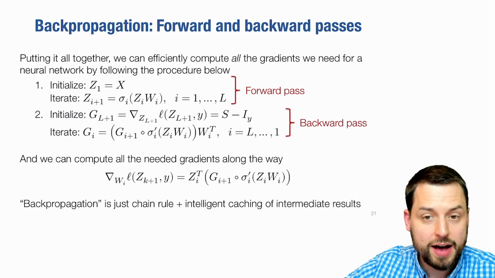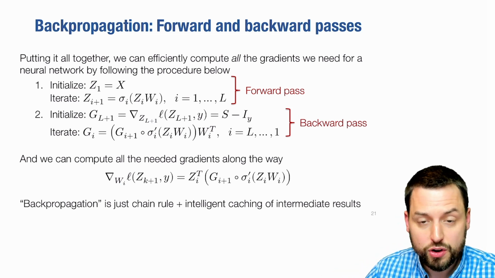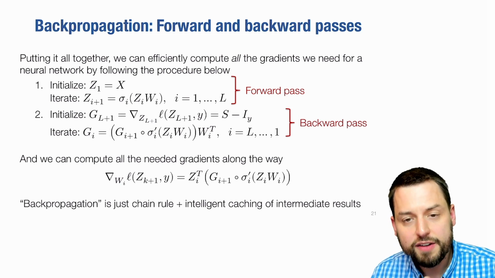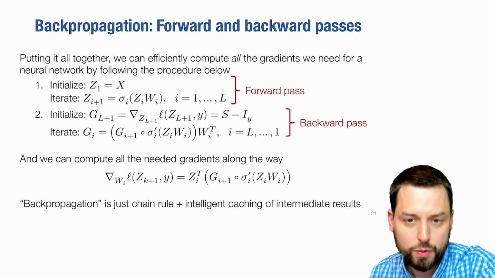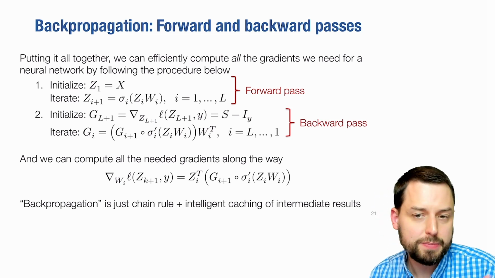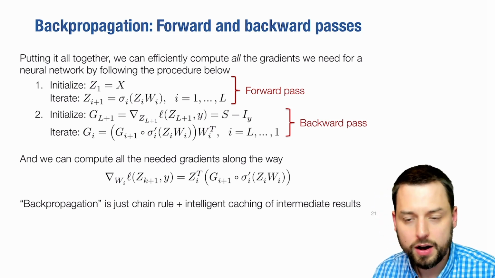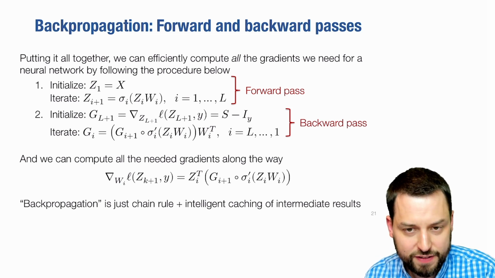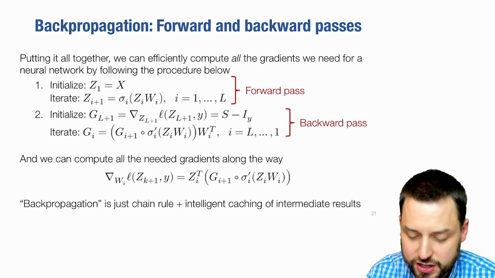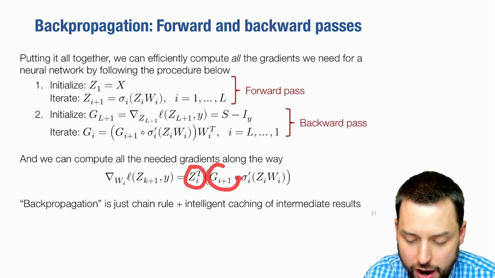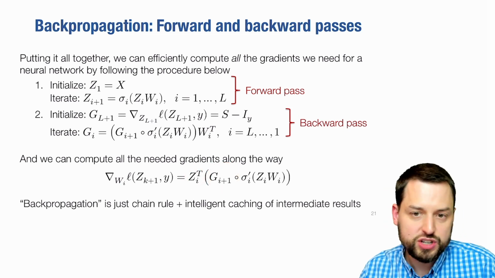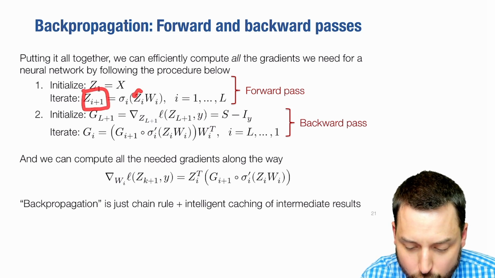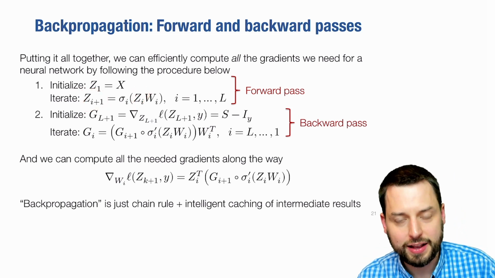We have to keep them around so that we can use them to compute part of our backward gradient. So even though this is efficient from the standpoint of making one forward pass and one backward pass, it ends up being just twice the complexity of a single forward pass. It's much less memory efficient in some sense because we have to store all our items along the way. If I was just computing the output, once I computed zi plus 1, I could throw out zi, but I can't do that here.